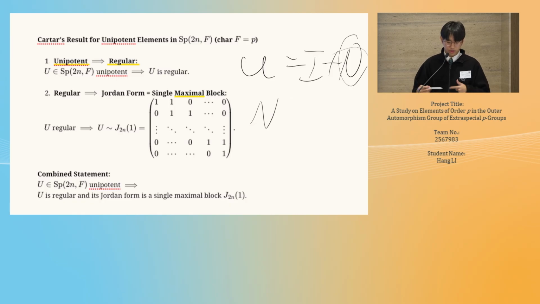All of the unipotents are regular, and he also proved that regular unipotents have the same Jordan normal form. So it is really important to my study.